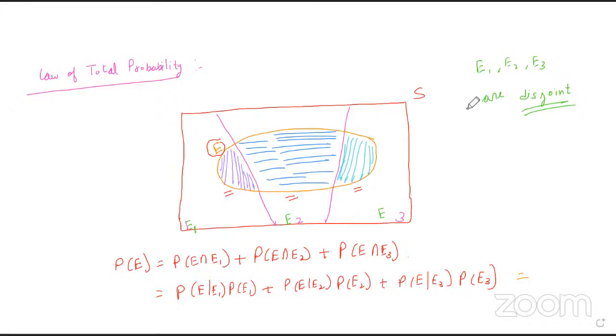Yes, the only information I know is the probability of E1, the probability of E2, and the probability of E3. And suppose I also have the information of E occurring within the region of E1. In that case, I can also compute this, right?